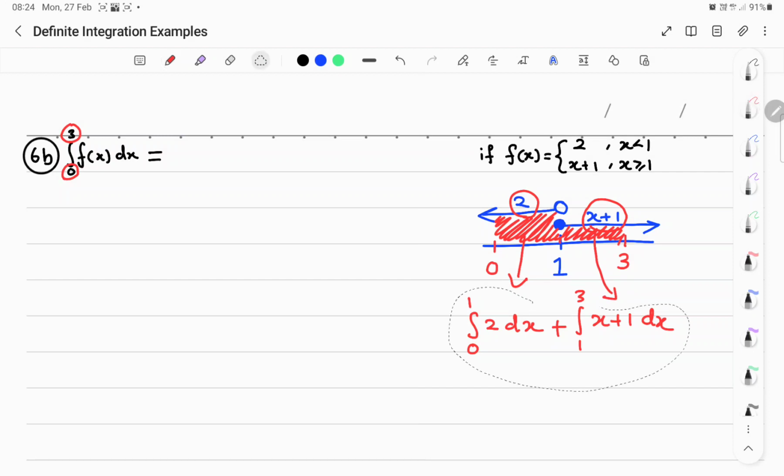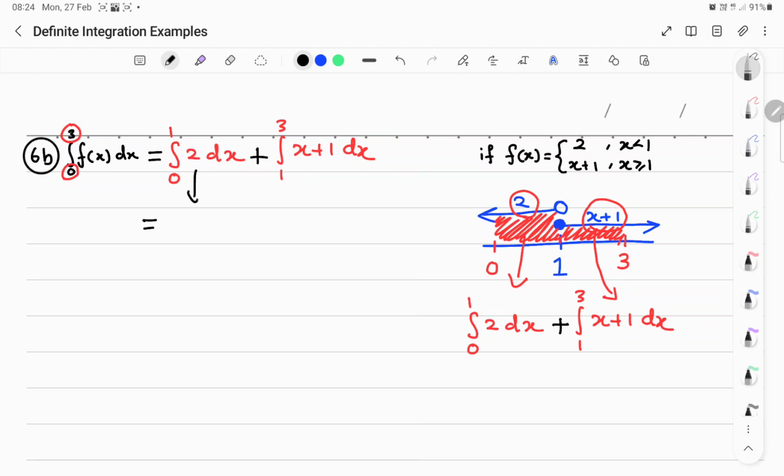So let's copy everything and put it over here. Maybe I change the plus to black. Better. So we have to add them both. So what's next? Just integrate them.